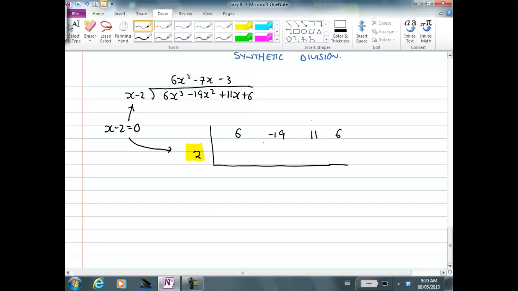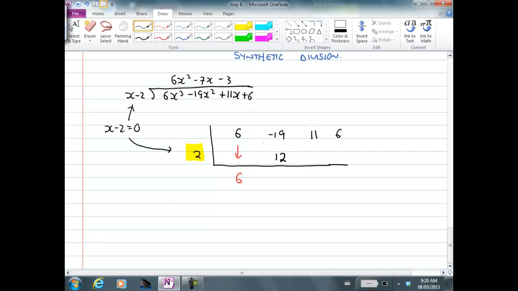So here's what I'm going to do. We're going to bring down the 6, draw an arrow straight down. Just like division, now we're going to multiply. You take 2 times 6, which is 12.